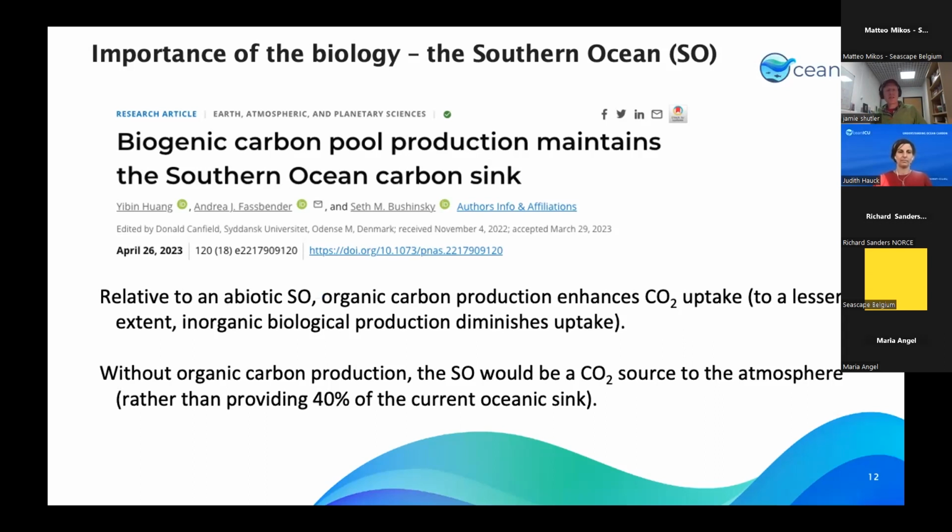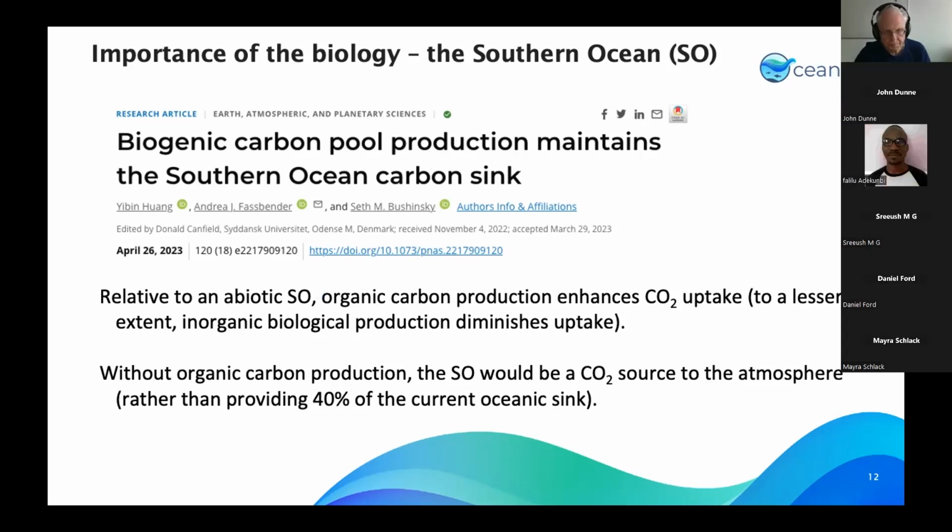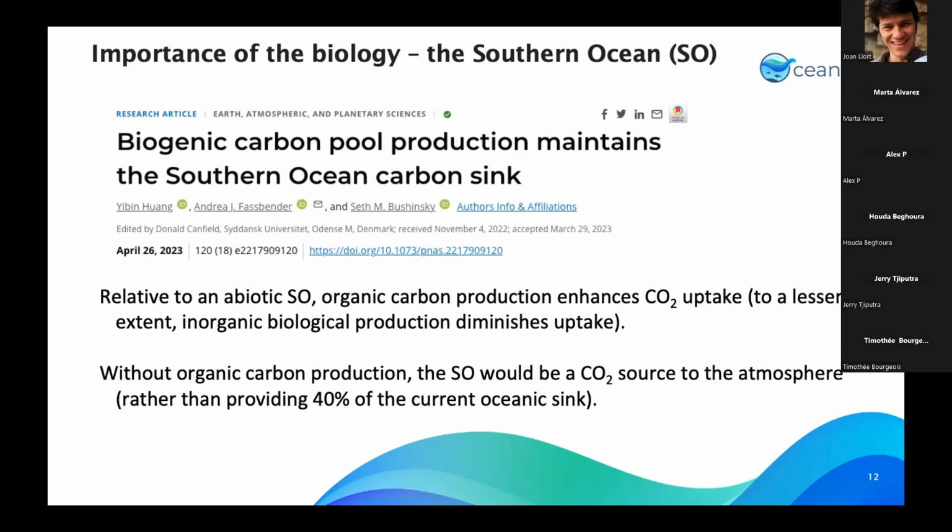They essentially identified that the organic carbon production enhances the uptake of carbon dioxide in the Southern Ocean, to the point where, if it wasn't for the biology, the Southern Ocean would actually be a small source rather than what it's currently considered to be, a large sink.